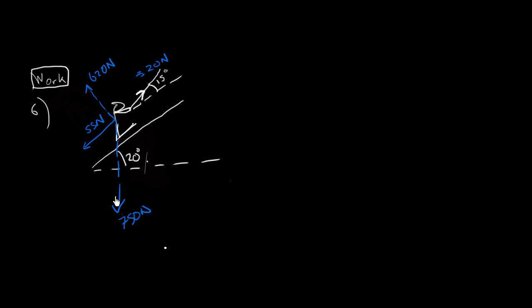We need to split it in the two directions that are going to be useful, and the two directions are perpendicular to the slope and parallel to the slope, as always. So let's see, perpendicular to the slope would be the continuation of the line of the normal, and that would be this line.